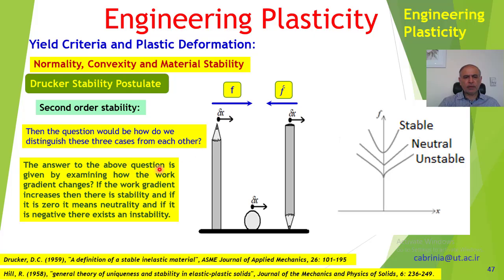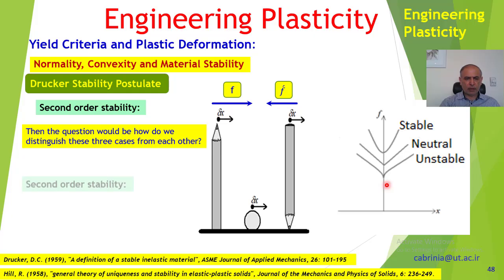The answer is given by examining how the work gradient changes. That's the second order stability. If the work gradient increases, then there is stability, and if it is zero, it means neutrality, and if it is negative, there exists an instability. So what do we mean by work gradient?